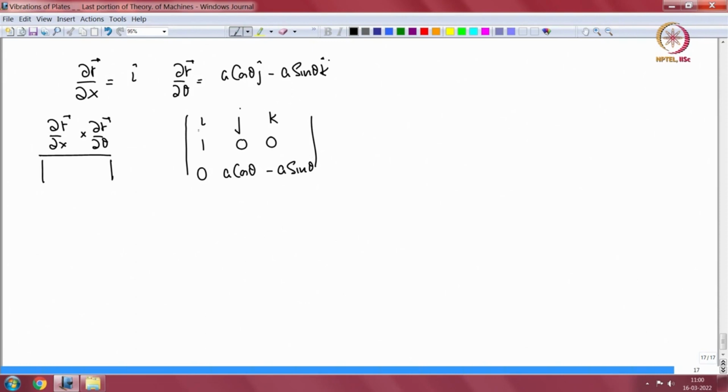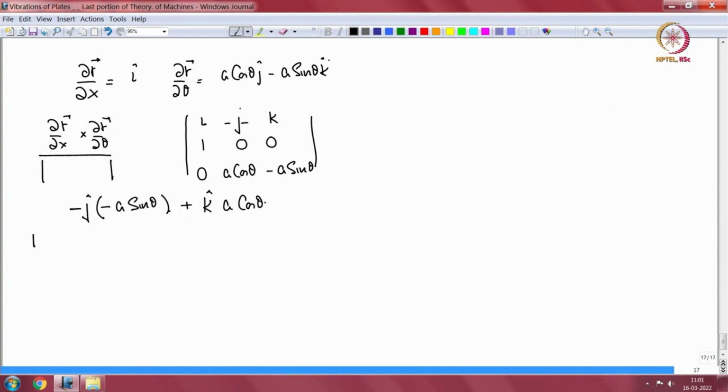So i into 0, this j into minus a, so I have minus of j into minus a sin theta. From the rules of cofactor, j gets a minus, plus k hat into a cos theta. That is the cross product.